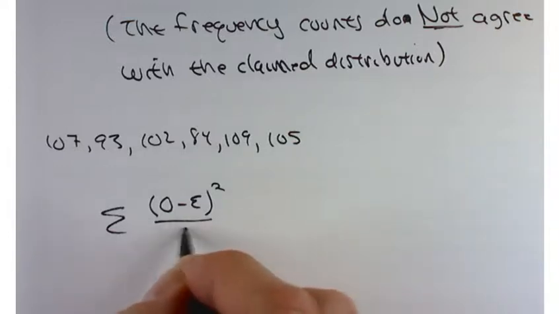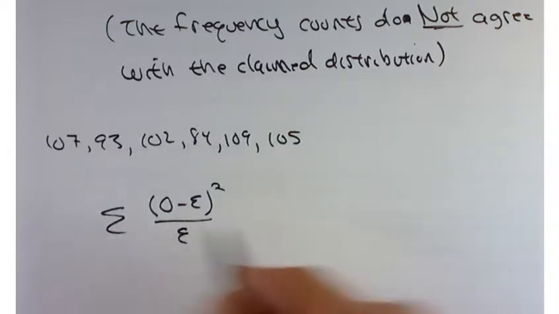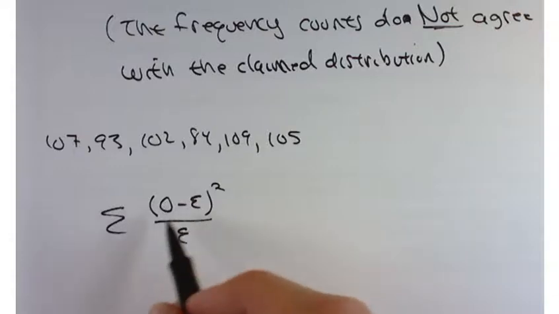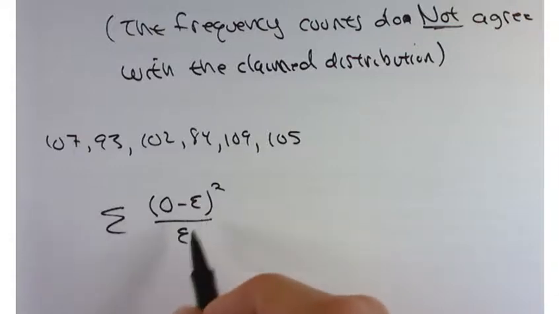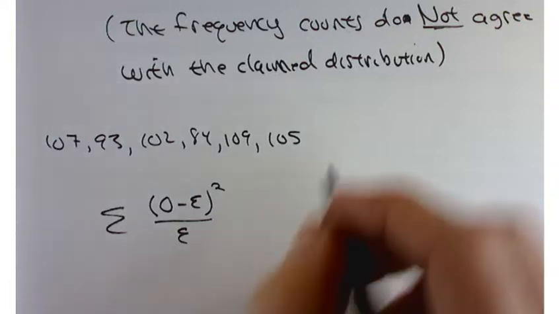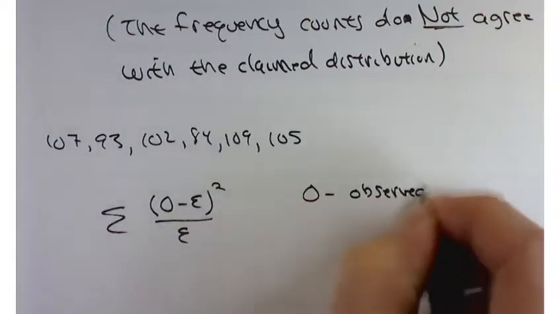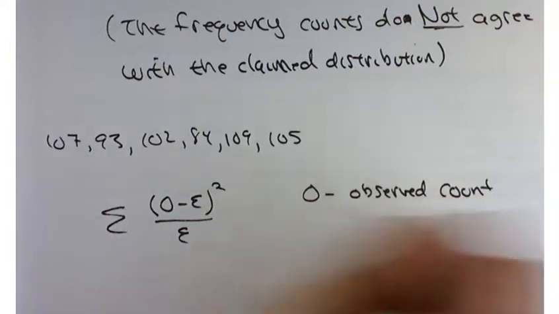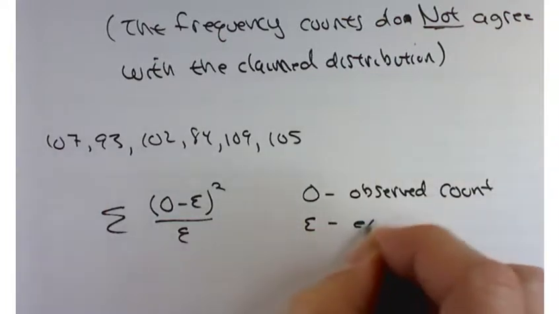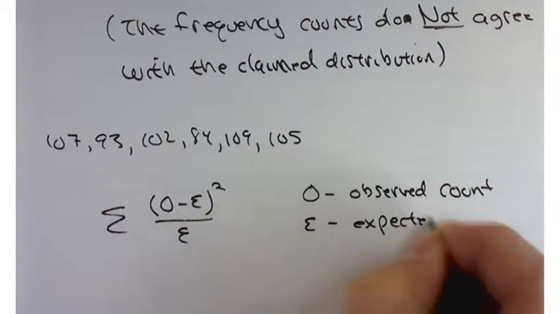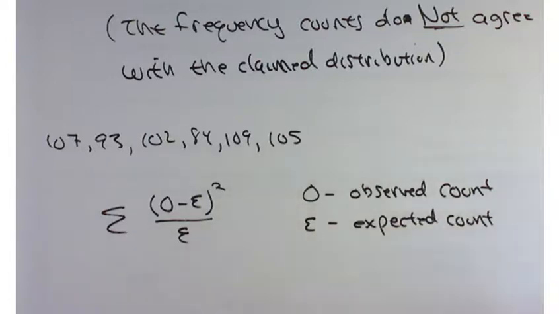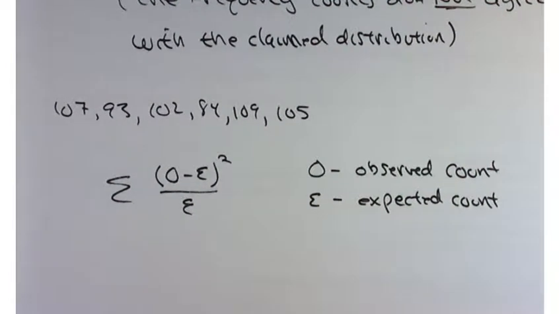And finally, I'm going to add one more element. I'm going to sum up the squared differences and then divide by the expected values. So O here is the observed count, and E is the expected count. And we're going to see how they compare.